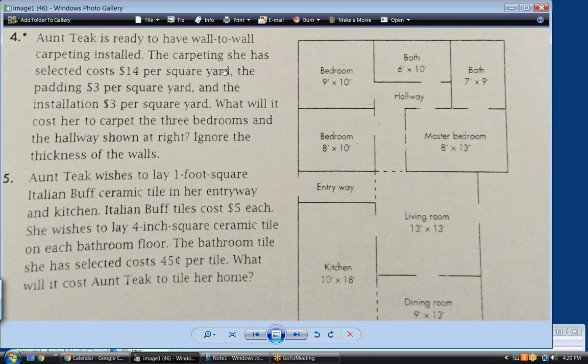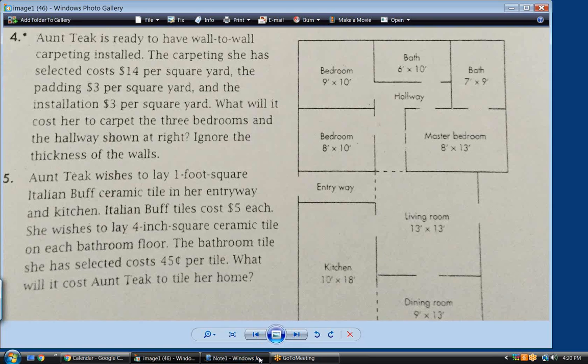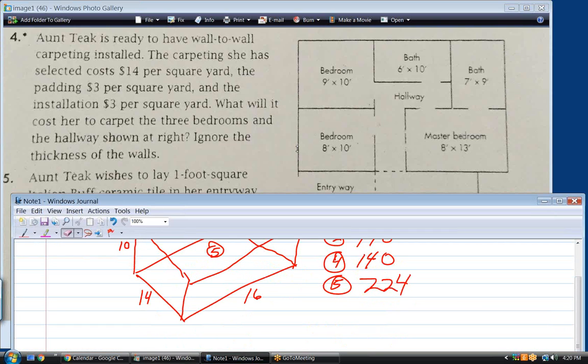And it looks like the carpeting is the same regardless of where it's installed. Yeah, the carpeting is all $14 per square yard. Let's do this problem just to catch against one thing that I see as a potential problem.